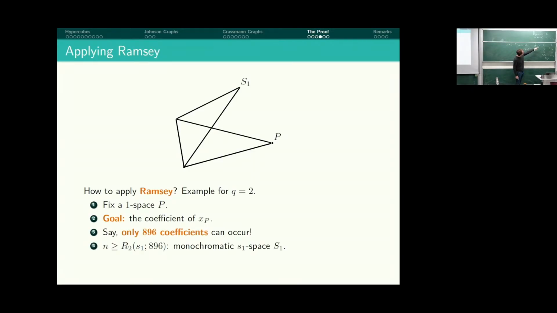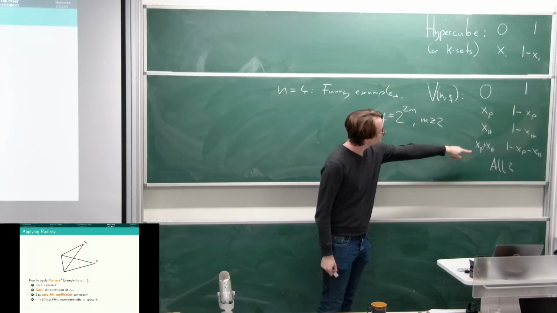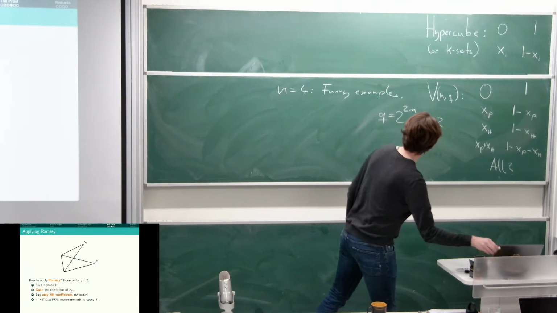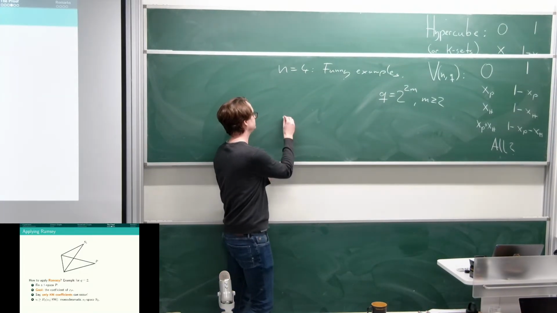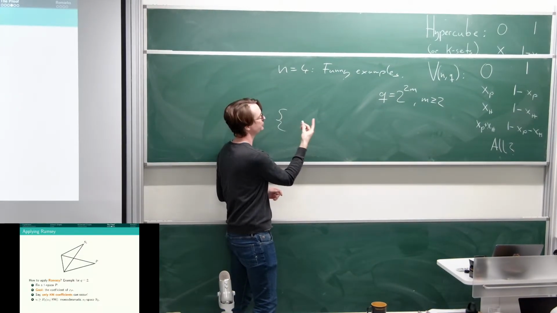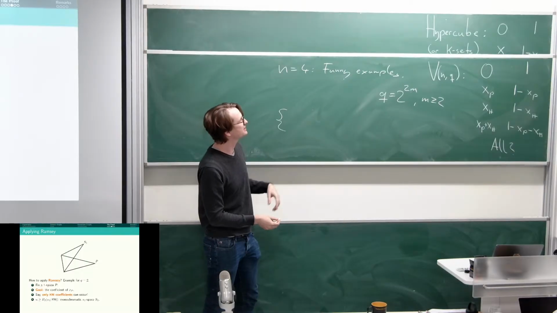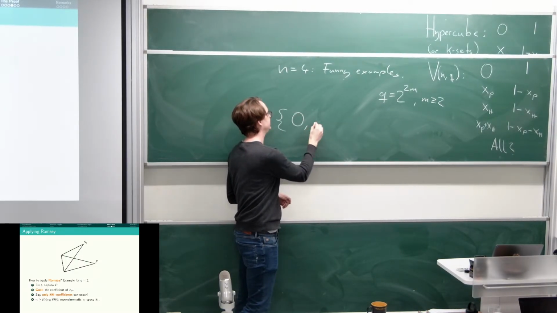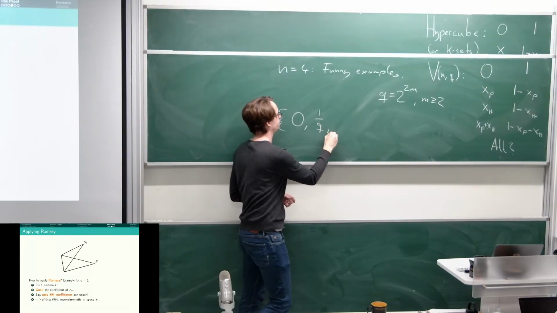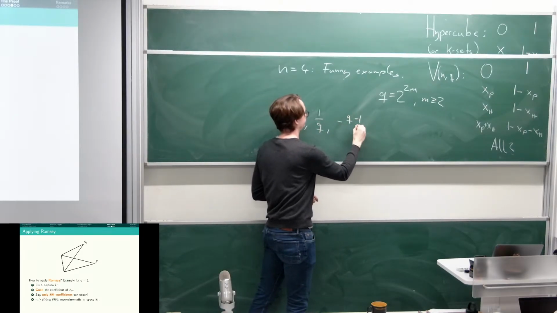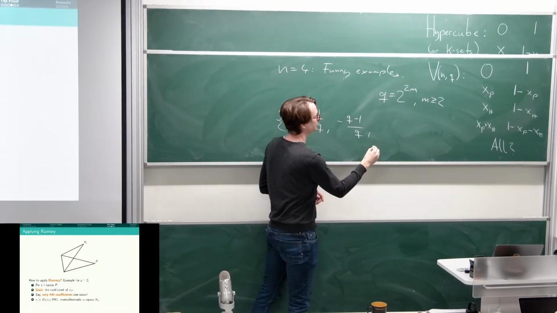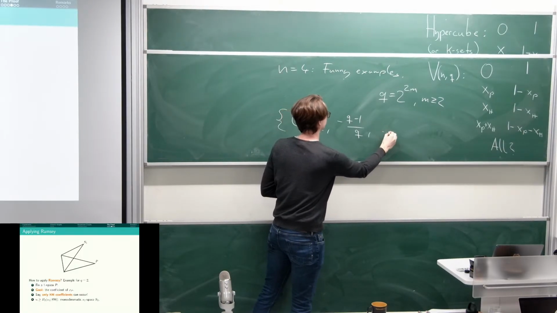When you look at this list of examples, say if you only look at the first half, then if you write it as a polynomial in x, a degree 1 affine function in x_p, then I forgot one entry here.